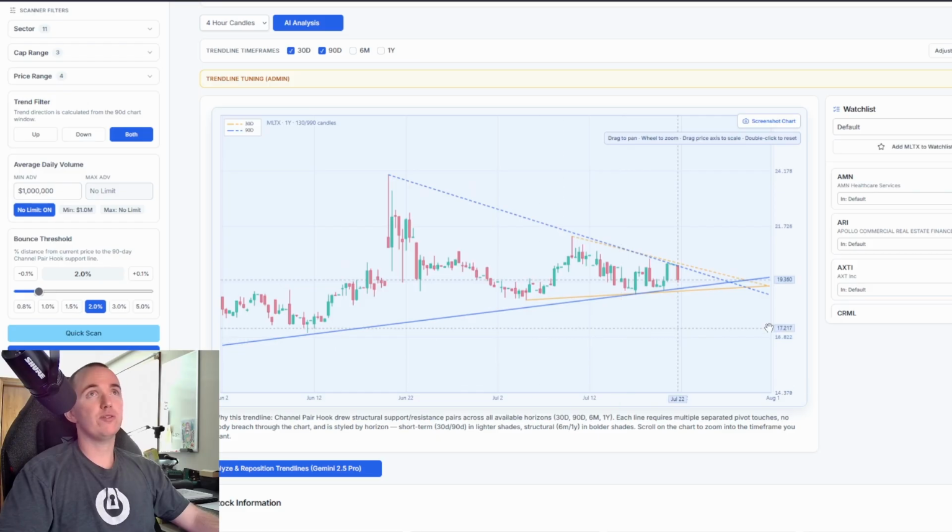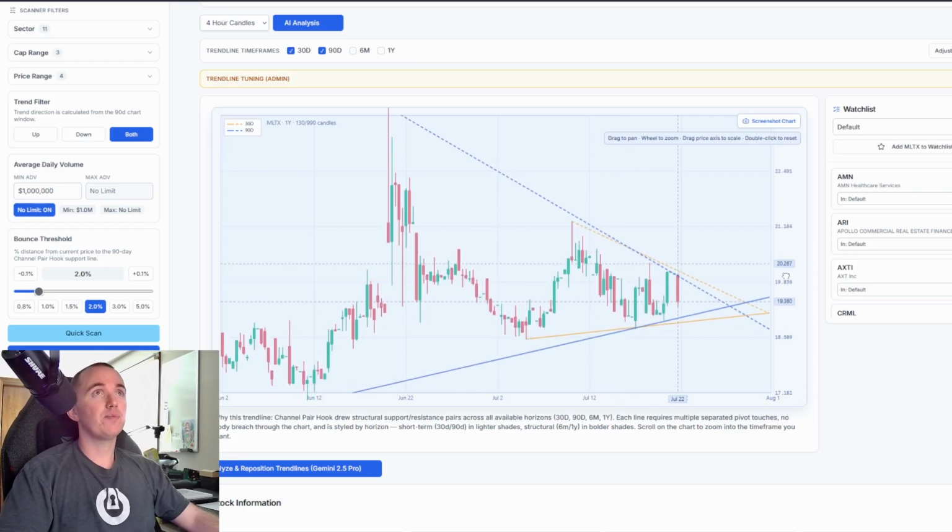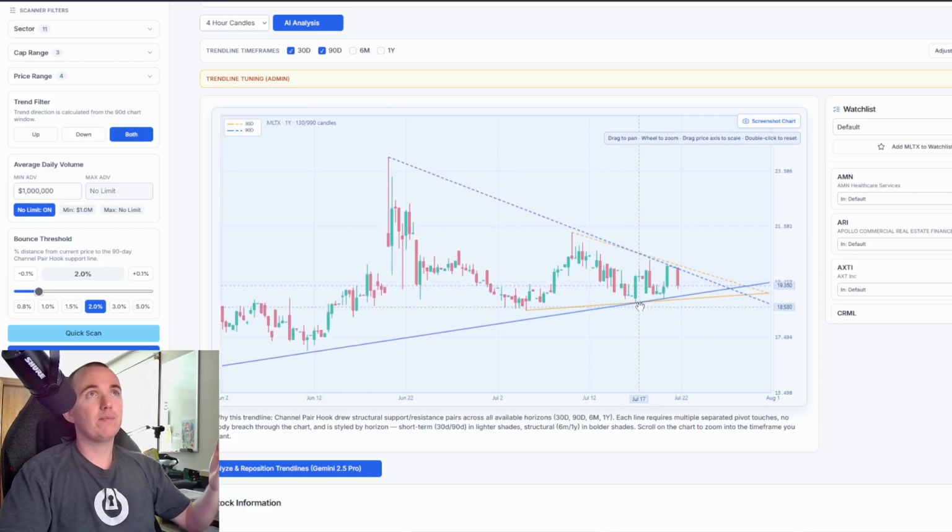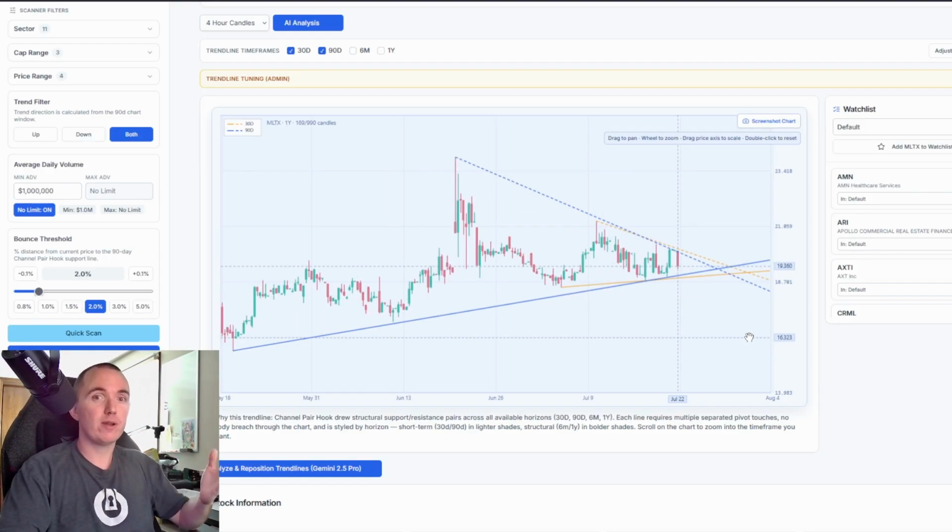If we zoom in a little bit here, if I was looking to get on this, I would have hopefully been looking at this a couple days ago and got in around the 20th or 21st when we had this trend line touch here. But this is still showing that it's in a good buy position if you're getting in on a trend continuation. I make most of my money trading using trendline continuation, not trendline reversals.